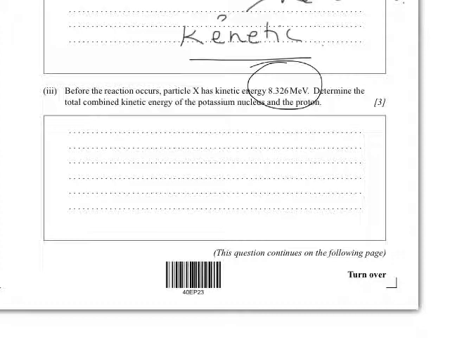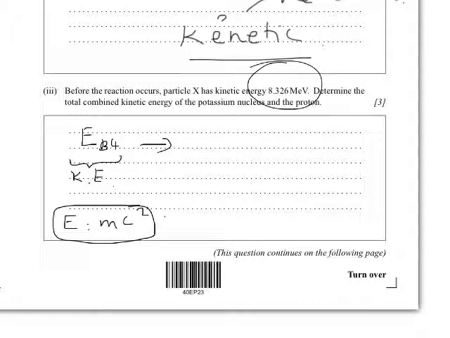We have energy before, which is due to this kinetic energy. And then after that, if we remember, E equals mc squared. These kinds of reactions release energy because of the mass defect. Okay, so I'm going to call this Einstein's energy, just to relate it to this equation.